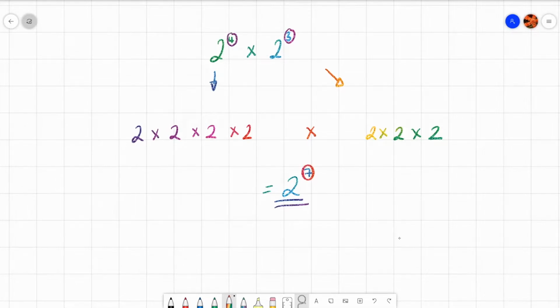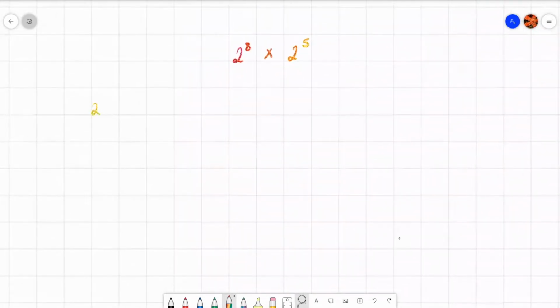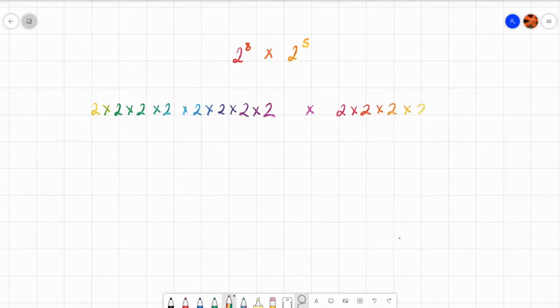Let's do another one with a bit of background to it, and then we'll have a look at doing some without writing it out fully. So you might have 2 to the power of 8 times 2 to the power of 5. Again, 2 to the power of 8 is 2 times 2 times 2 times 2 times 2 times 2 times 2 times 2, so 8 times, multiplied by 2 to the power of 5, which is 5 times.